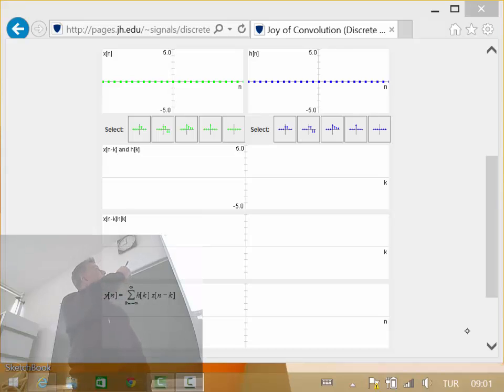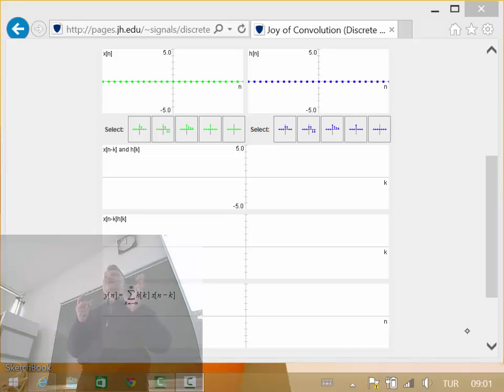At the left hand side you see some green dots, at the right hand side you see some blue dots. These two correspond to the two signals that should be convolved. One of them corresponds to the signal, the other one to the impulse response of the system. Soon, right after this demonstration, I will show that they are interchangeable.